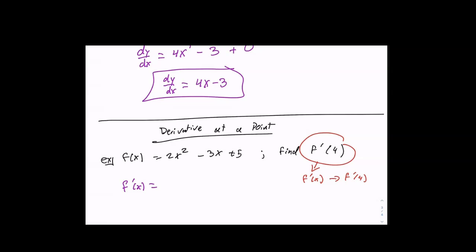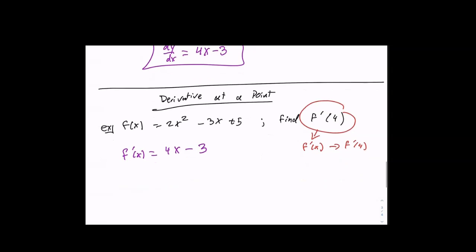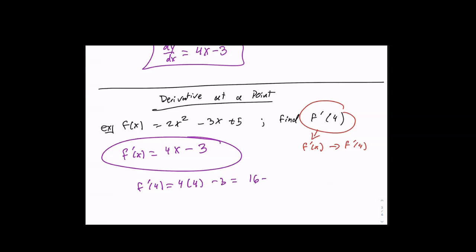Yeah, 4x minus 3, boom. And so if I want to find f prime of 4, I simply plug in 4. And so my answer is 13.